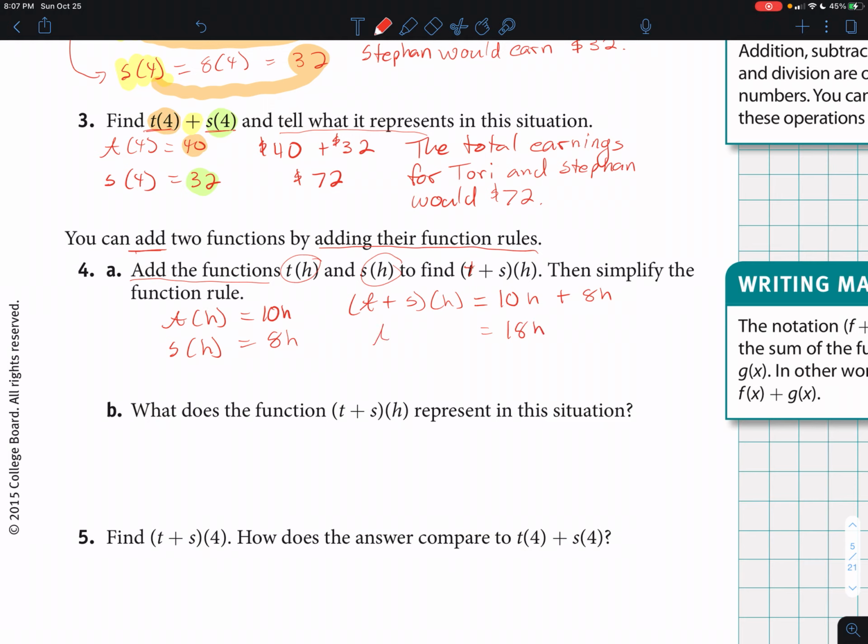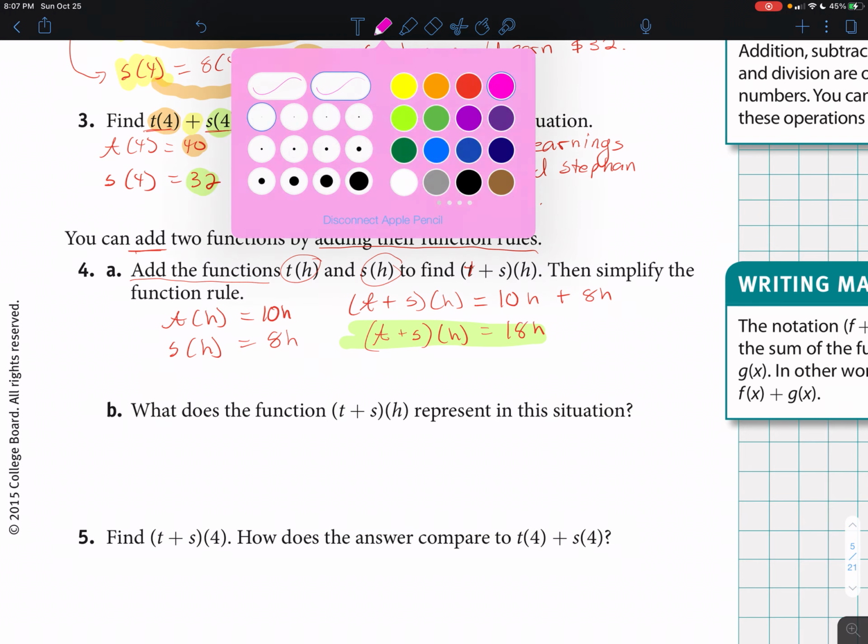So we just say the sum of function t and s of h would equal 18h. So basically like, hey, I added these two functions together, I got this. That's what we're saying.